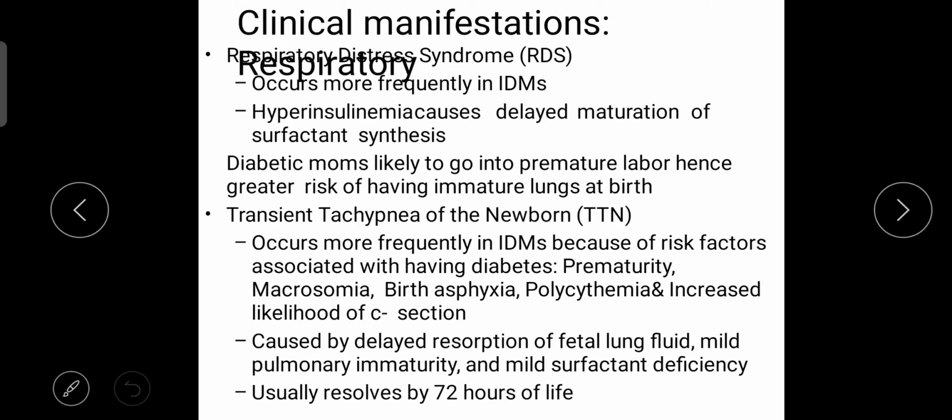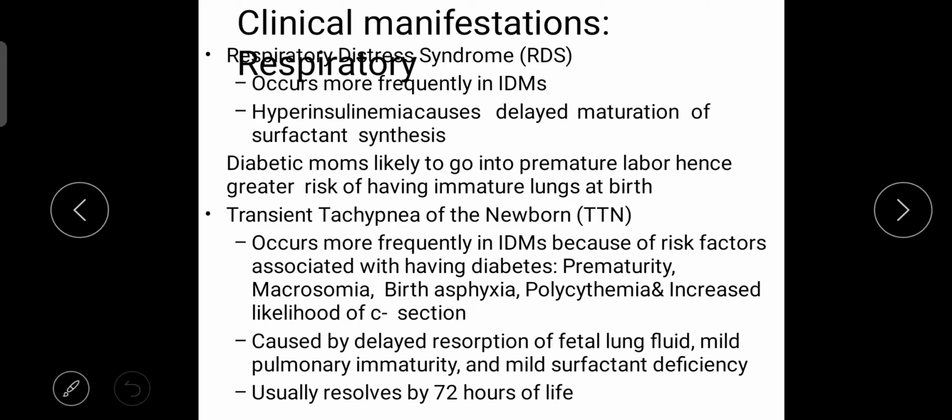Clinical manifestation: respiratory distress syndrome occurs more frequently in infants of diabetic mothers, because hyperinsulinemia causes delayed maturation of surfactant synthesis, and diabetic moms are likely to go into premature labor, hence a greater risk of immature lungs at birth.